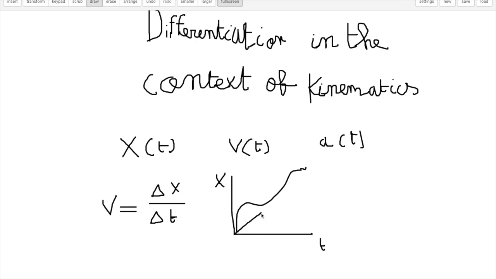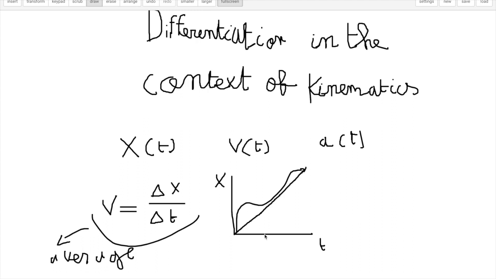The secant line would probably go something like this. This formula gives you the average velocity throughout the entire time interval for which you are calculating it.